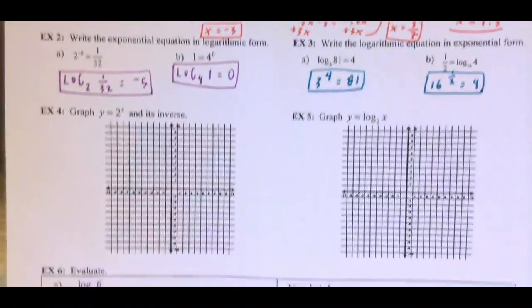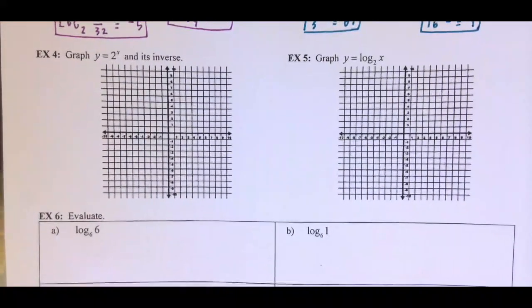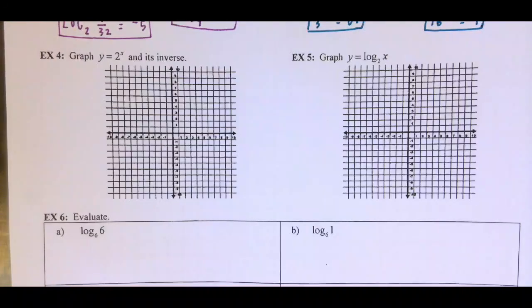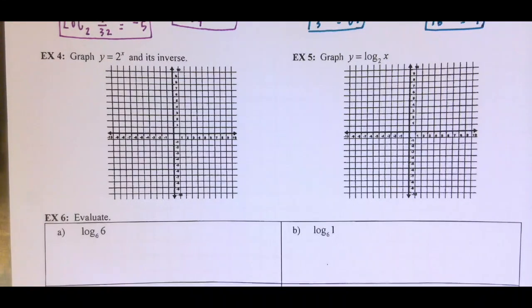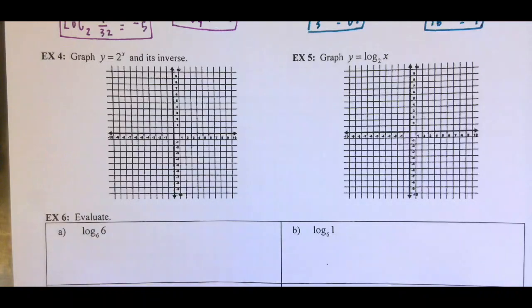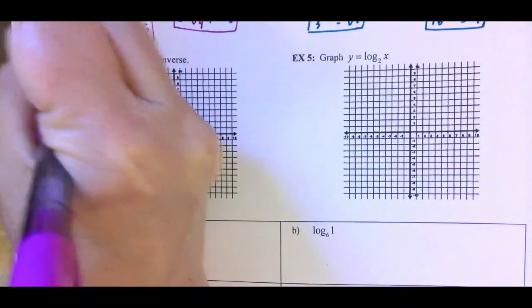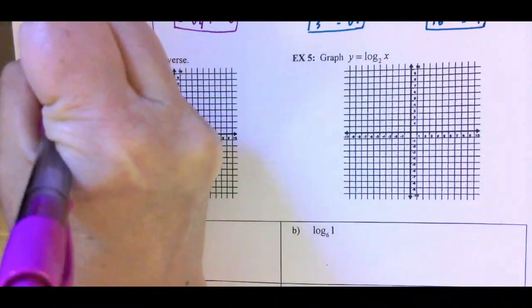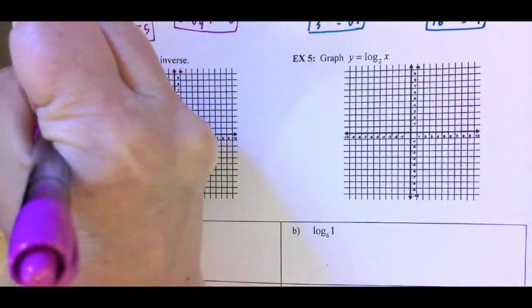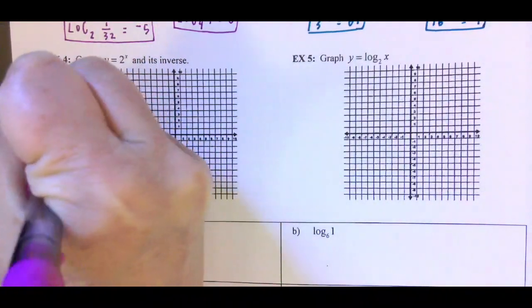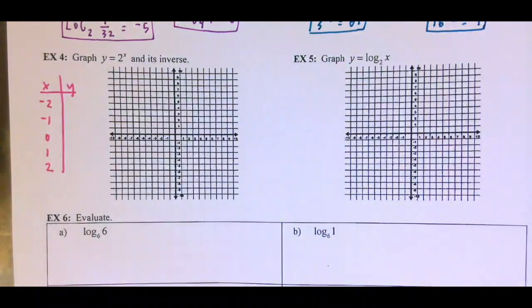All right, so next we're going to graph an exponential function and its inverse. So here we're starting with y equals 2 to the x power. So let's picture a table with inputs and outputs. I'm going to use x values of -2, -1, 0, 1, 2.